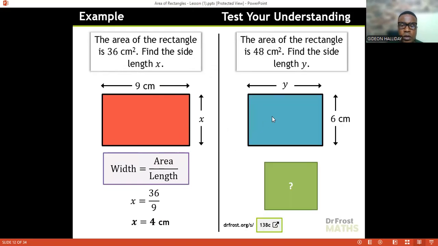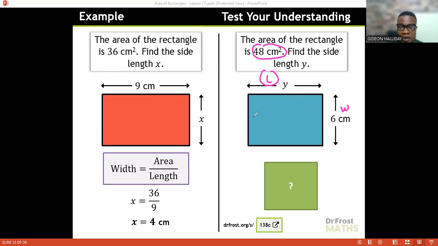Now let's try the next one. For this one, the area of a rectangle is 48 centimeters squared. You have the width, and the length is missing.